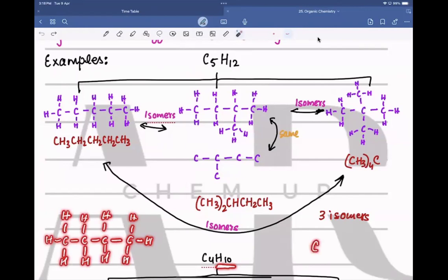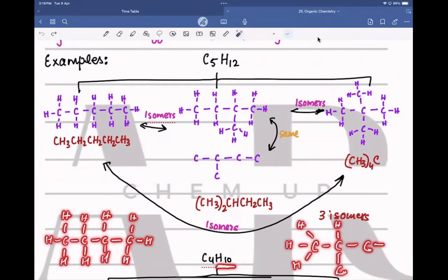Now, how will I make another isomer? 1, 2, 3. Make 3 carbons in a chain. The fourth carbon is a branch. A branch always starts from a carbon which is in the middle, not at the ends. So this carbon has only 1 bond of 1 hydrogen. This carbon has 1 bond, so it will bond with 3 more hydrogens.